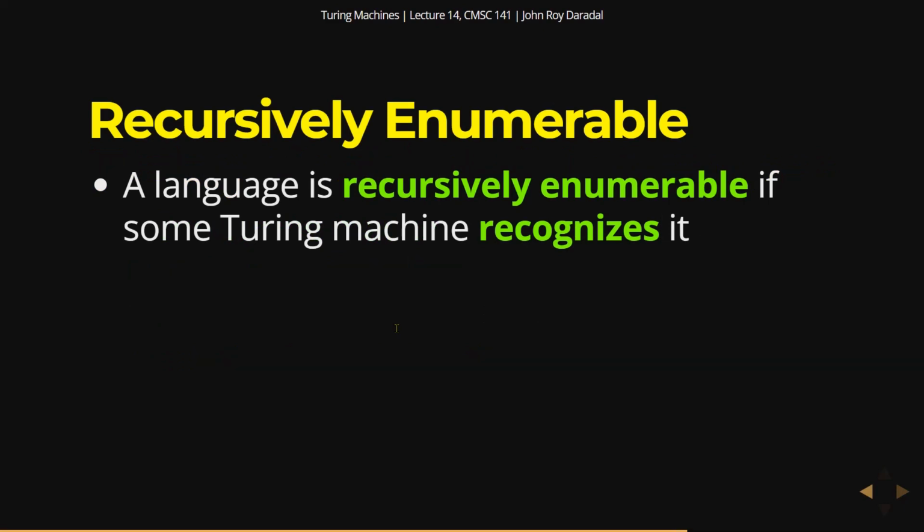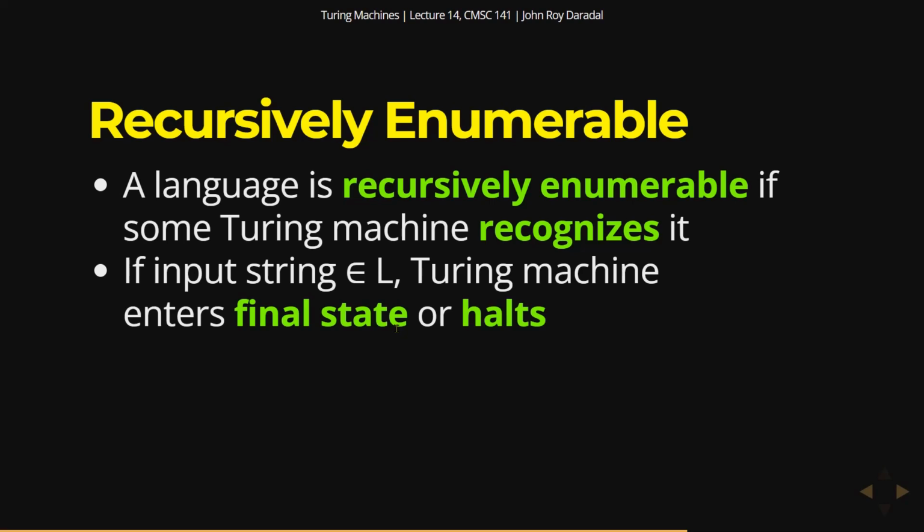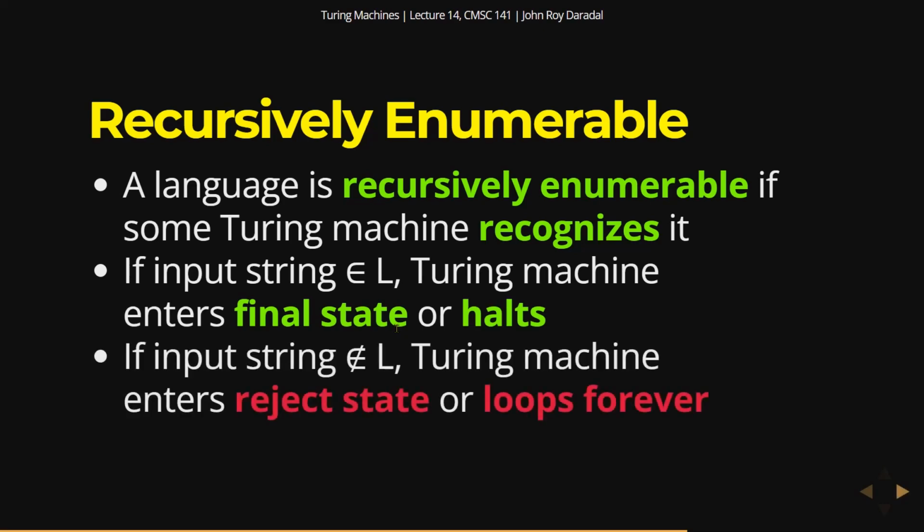So for recursively enumerable languages, a language is recursively enumerable if some Turing machine recognizes it. So there's a recognizer Turing machine. If the input string is part of the language, then the Turing machine will enter the final state or halt. But if it's not part of the language, it will either enter a rejecting state or it will loop forever. So it's not guaranteed to halt.